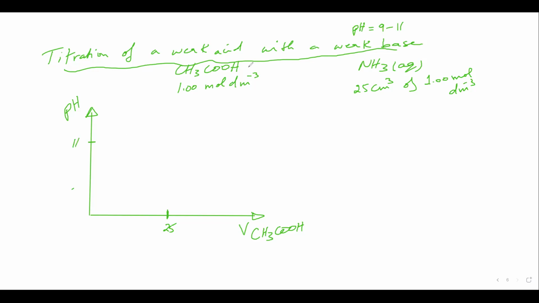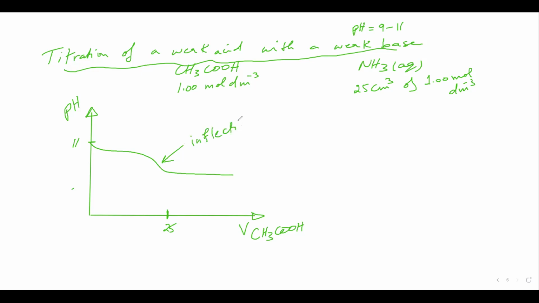And then when we add the acid, you will see something different: the curve is going to be like that. And there will be only what we call an inflection point. There will be no steepness here.